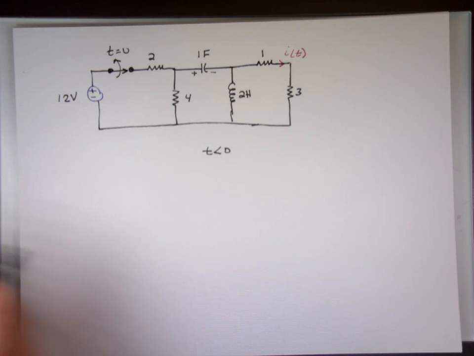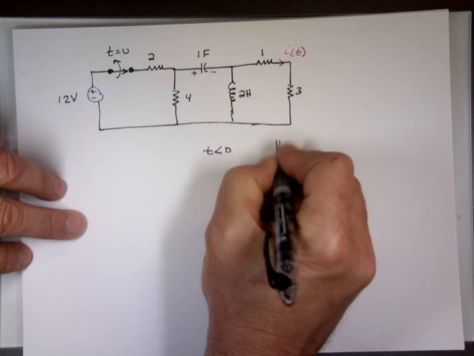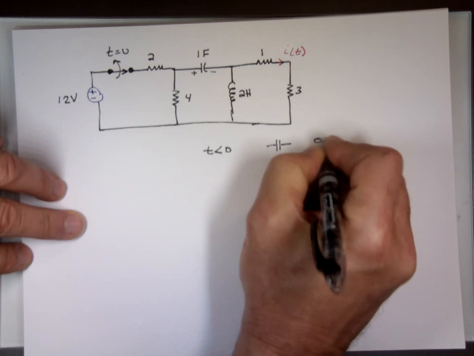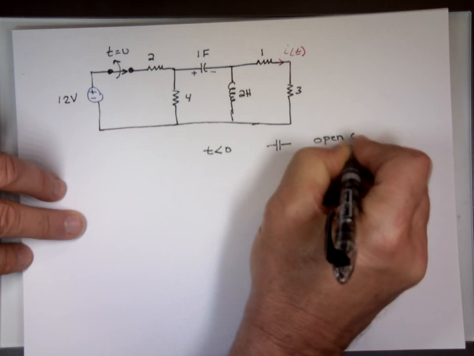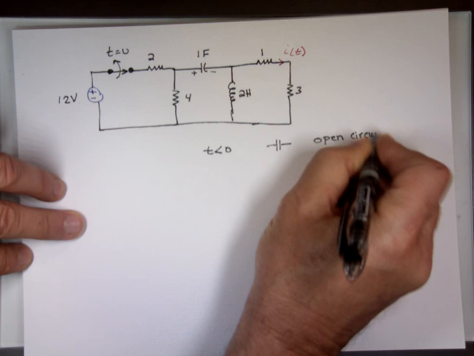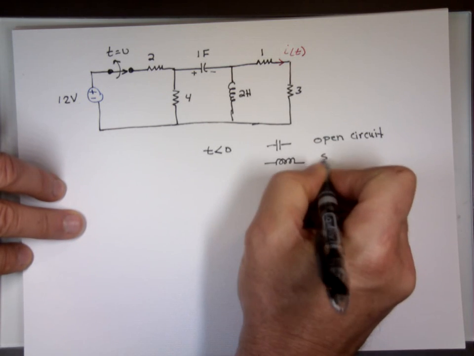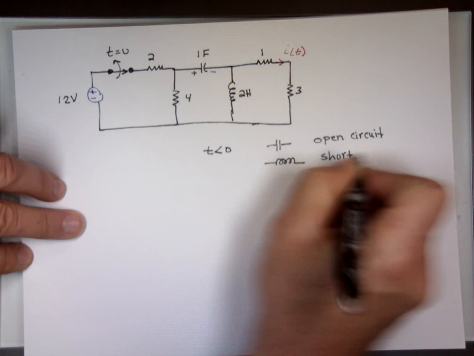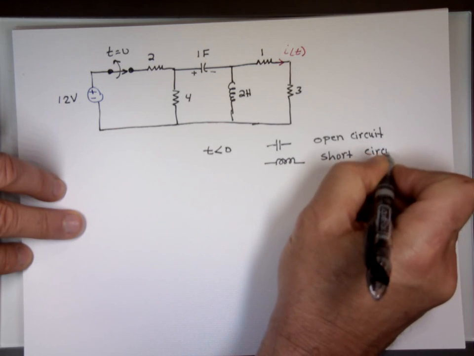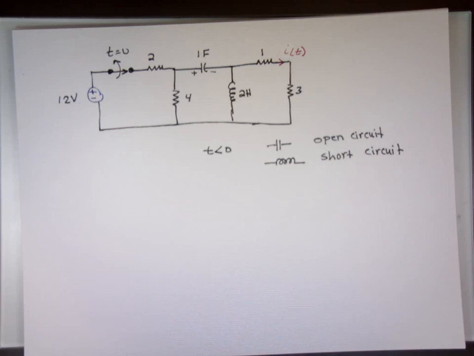And if it's been sitting here for a while, the capacitor reacts as what? Open circuit. And the inductor behaves as what? Short circuit. That's going back to a long time ago from Circuits 1.